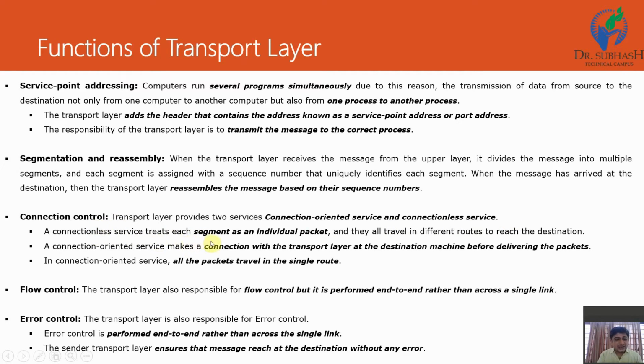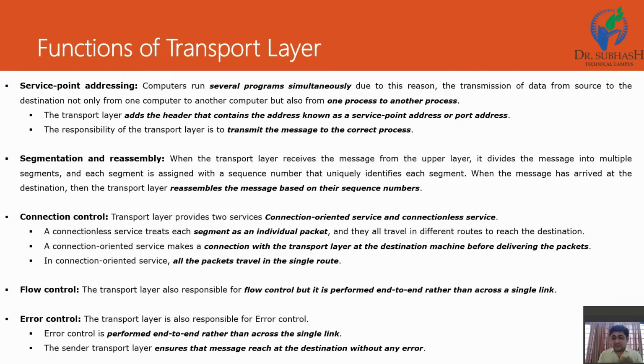Connectionless service treats each segment as an individual packet. Connection oriented service makes a connection with the transport layer at the destination before delivering the packets. As I discussed earlier, when we are using connection oriented service, we have to make a physical connectivity between two hosts for the whole time.